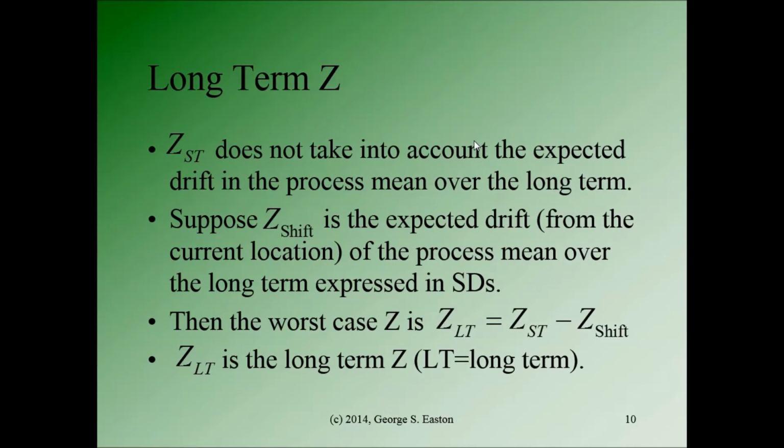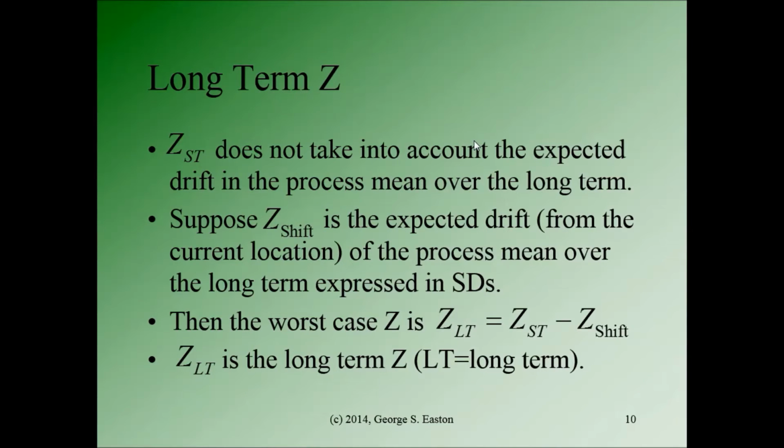Now, what about the long term? Well, the Z sub ST does not take into account the expected drift in the process mean over the longer term. It's just simply the current distance from the process mean to the nearest specification limit. Suppose we define Z shift to be the expected drift of the process mean over the long term from its current value, expressed in standard deviations.